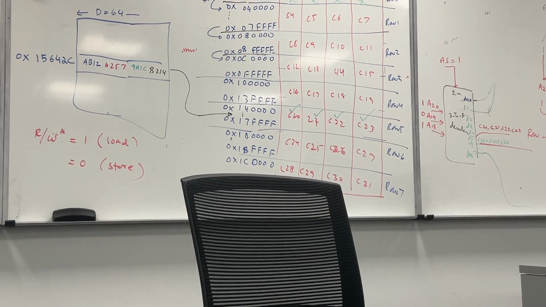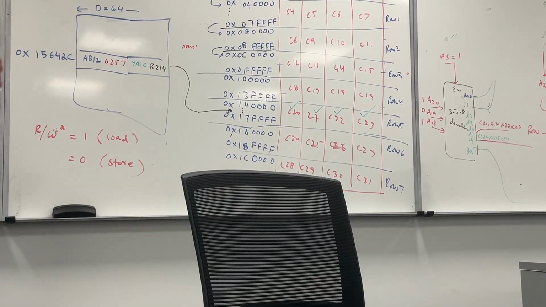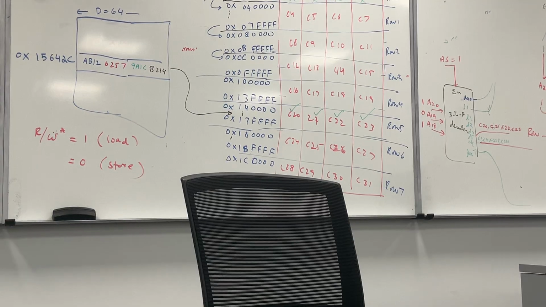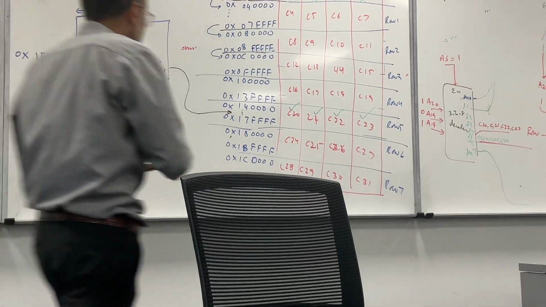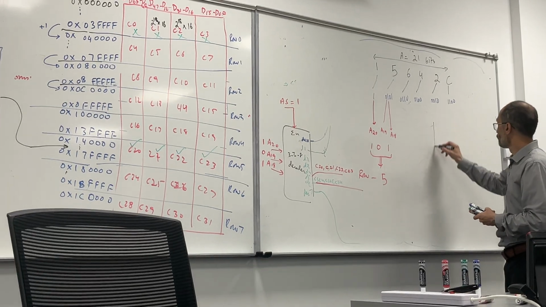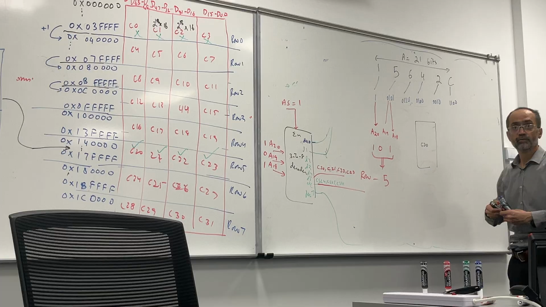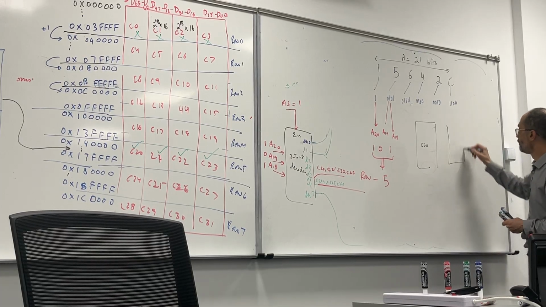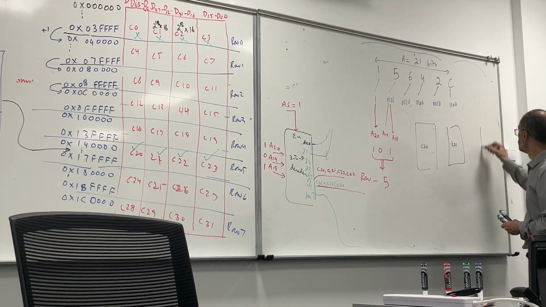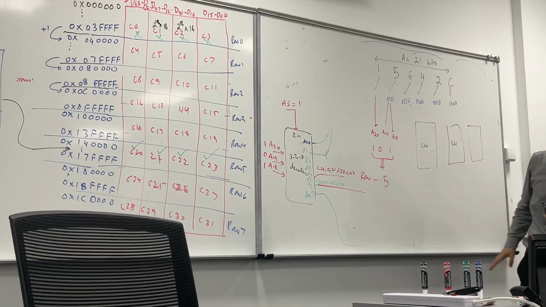Now please remember, if you look at here, how many chips will be enabled? 4. So we have 4 chips, which are C20, then C21.